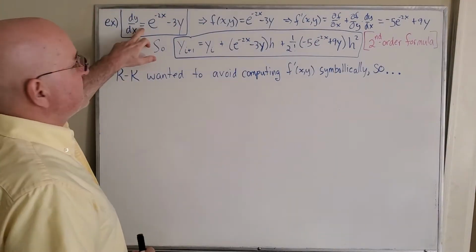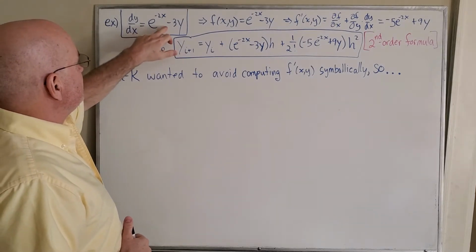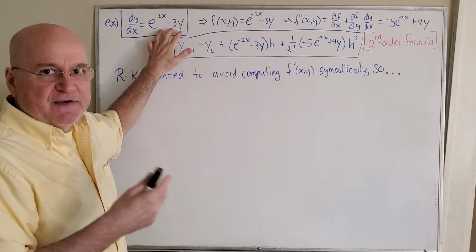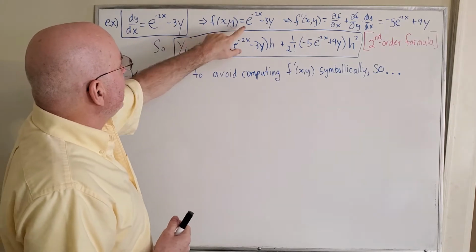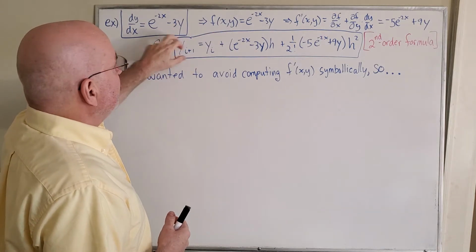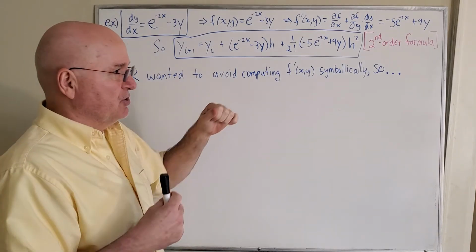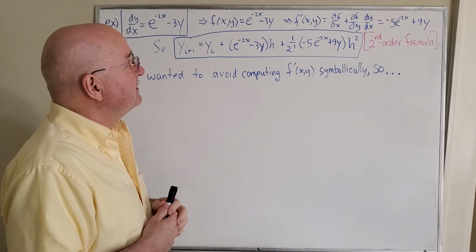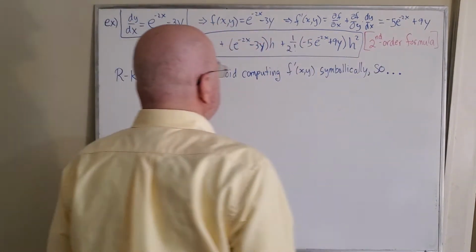Okay, let's say we have this differential equation, dy/dx is e to the negative 2x minus 3y. So we call this function right here f of x, y. That's our derivative. So f of x, y is equal to this. And then the derivative is the partial of f with respect to x plus the partial of f with respect to y times dy/dx, and I simplified it here, it happens to be that.